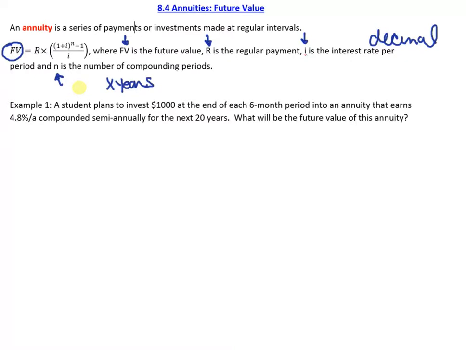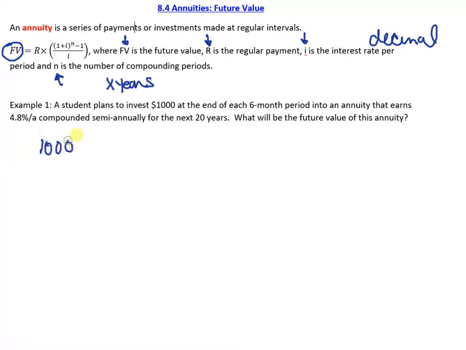So a student plans to invest $1,000 at the end of each 6-month period into an annuity that earns 4.8% per year, compounded semi-annually for the next 20 years. All right, lots of information all in one sentence. Let's organize this.